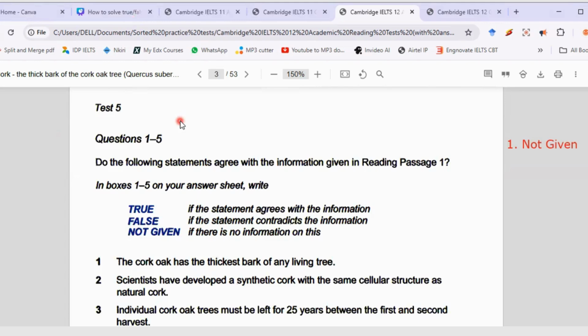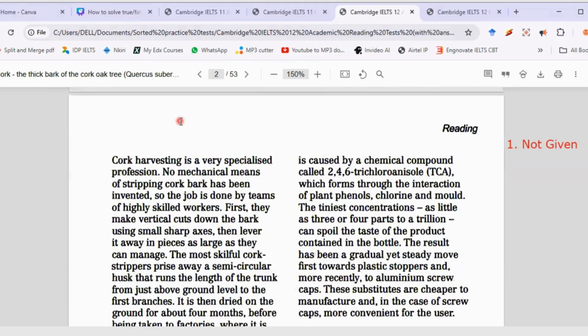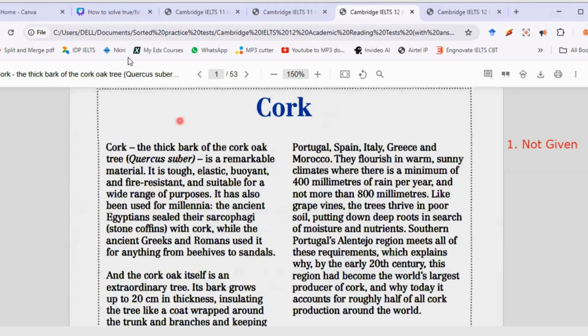Is it there? Is there anything in this passage that says the cork oak does not have the thickest bark? It's not there. Or that the cork oak has the thinnest bark? It's not there. So there's nothing to support the number one statement. Neither is there anything to contradict it.